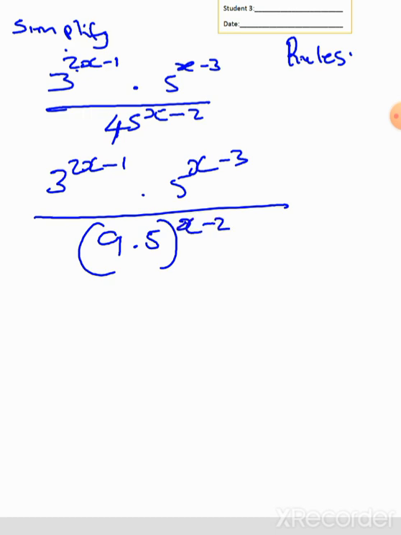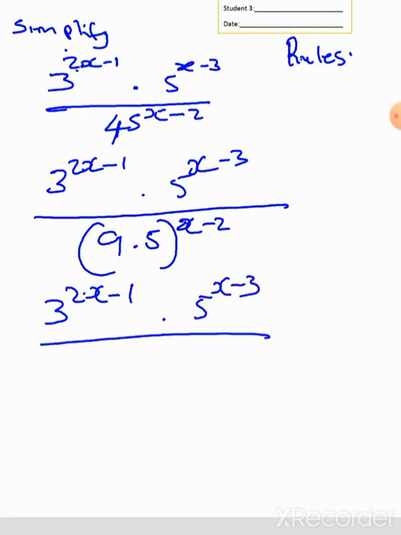And then again, we know that 9 times 5 can be written as, so we want to match the base at the bottom to be the same as on top, 9 can be written as 3 to the power of 2 times 5, all of this raised to the power of x minus 2.